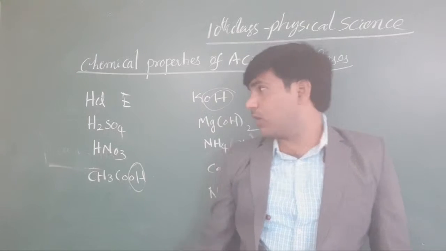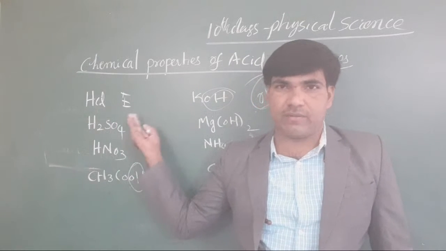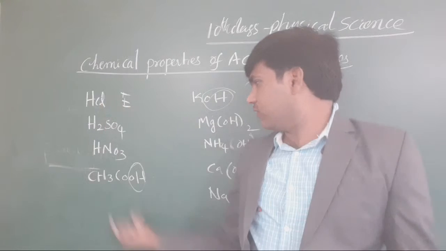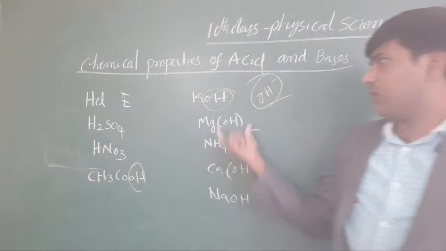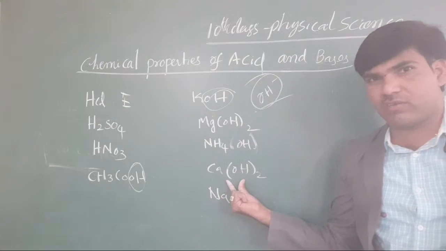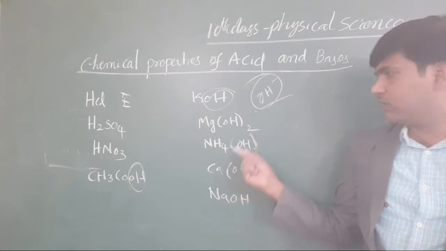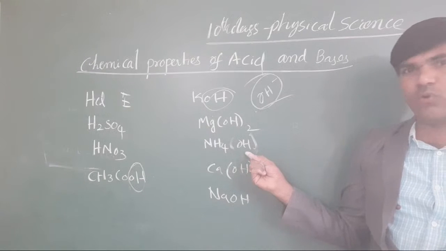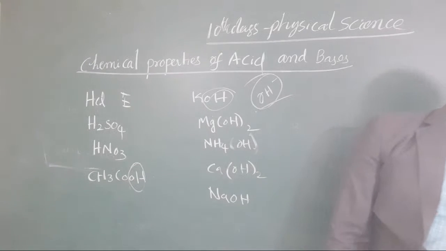Tomorrow I want to show something for you. Not everything is available with me, but NaOH is available. The calcium hydroxide is prepared by us only. There is ammonia, NH4OH. Yes, it is called ammonia.